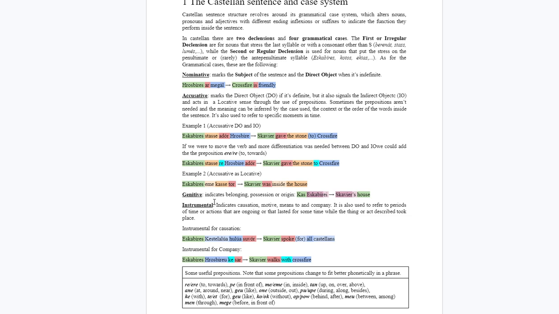Then we move on to the instrumental case. Instrumental indicates causation, motives, means, and company. What does it mean?